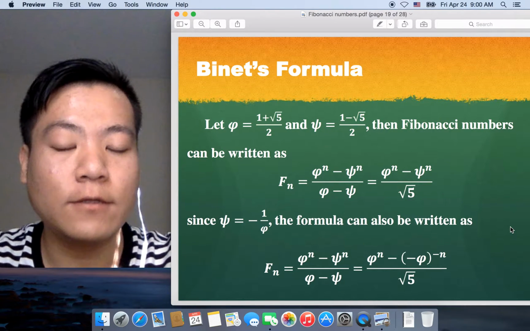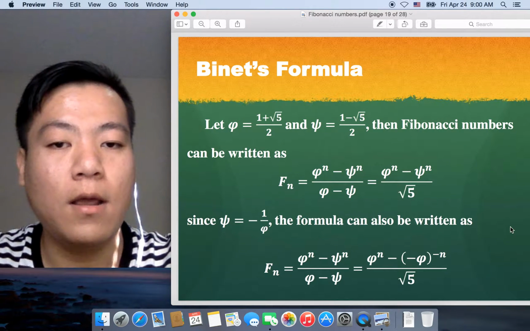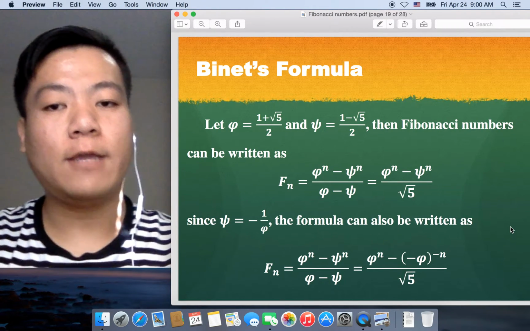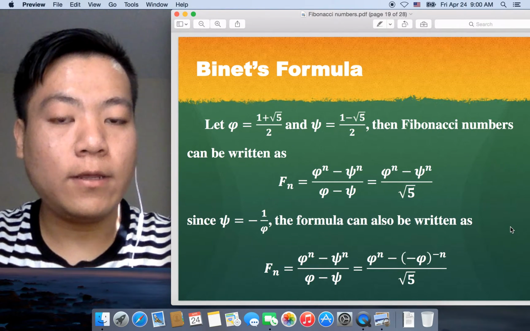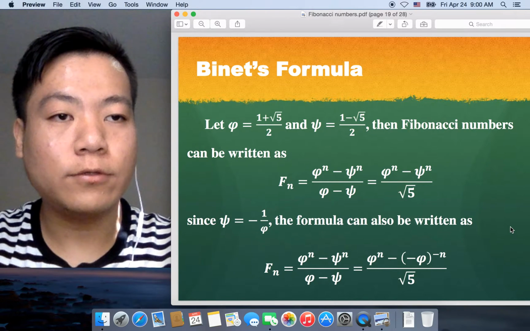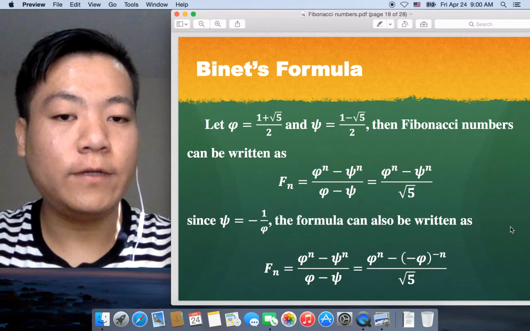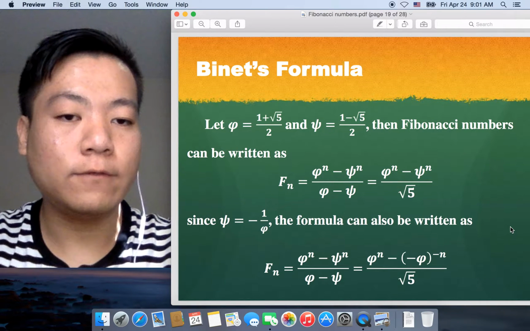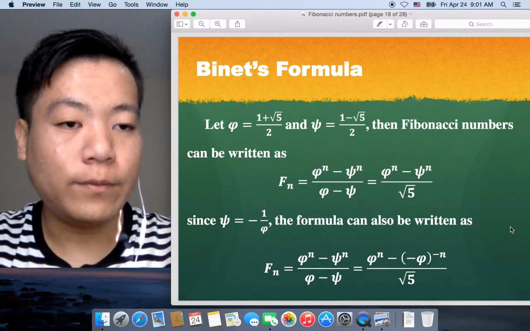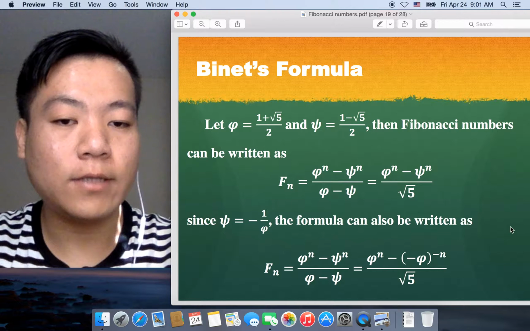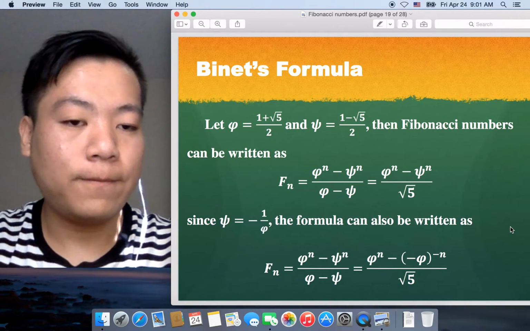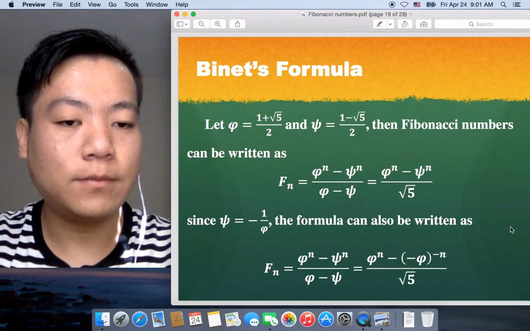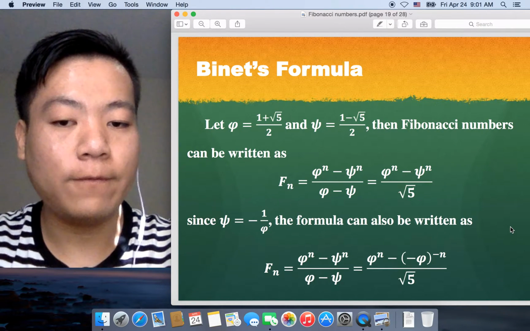And Binet found that Fibonacci numbers are related to the golden ratio, and he gives his Binet formula. Let phi equal 1 plus square root of 5 over 2, and psi equal 1 minus square root of 5 over 2, then the Fibonacci numbers can be written as F_n equals phi to the nth power minus psi to the nth power over square root of 5.